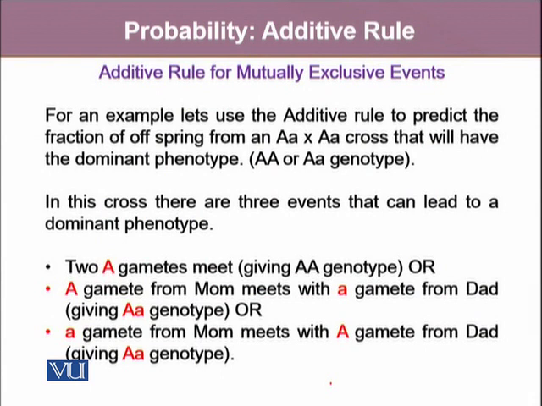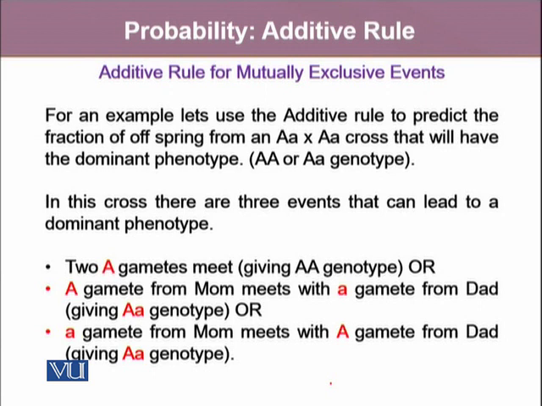In this example, let's use the additive rule to predict the fraction of offspring from a heterozygous cross that will have the dominant phenotype, that is, either capital A capital A or capital A small a genotype. In this cross, there are three events that can lead to a dominant phenotype.